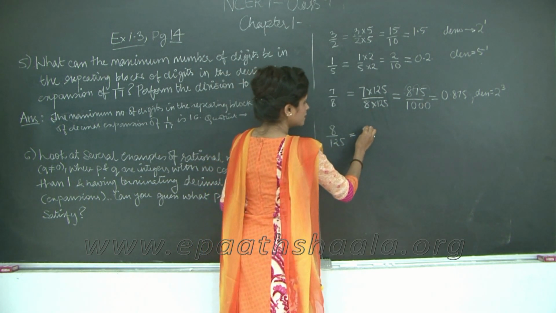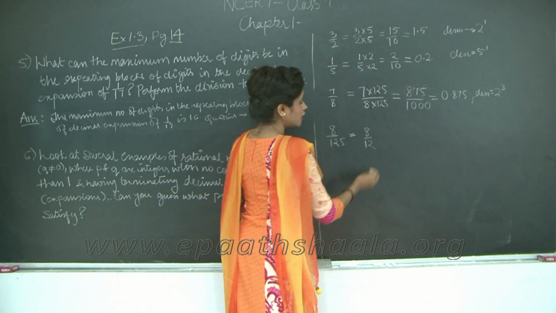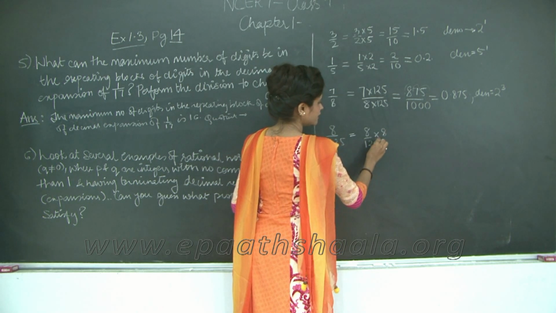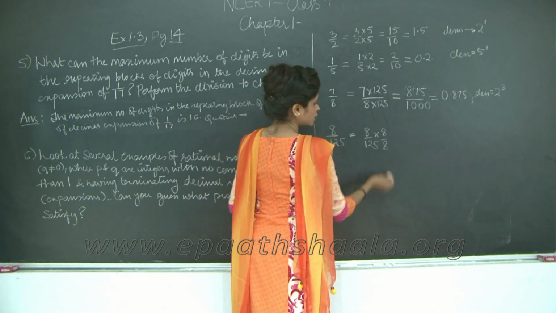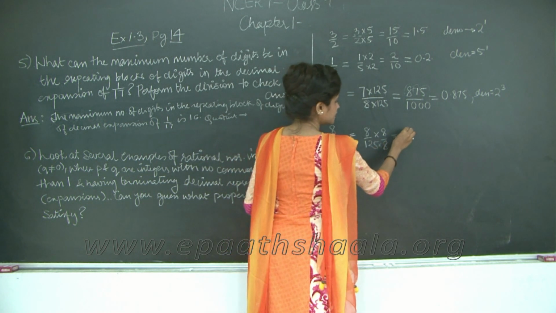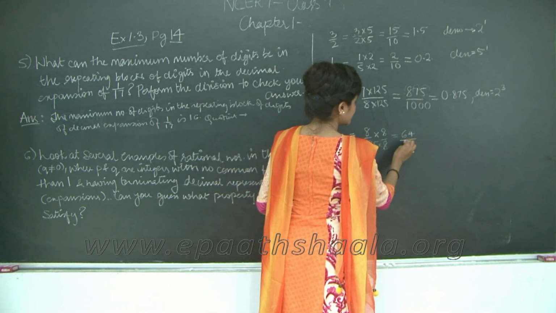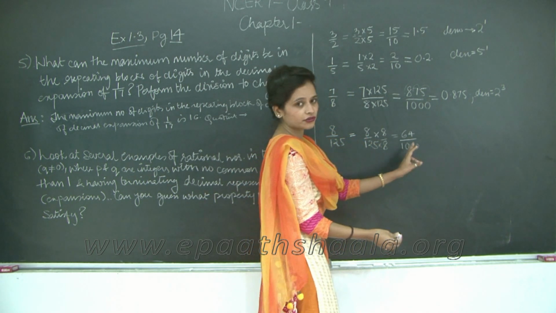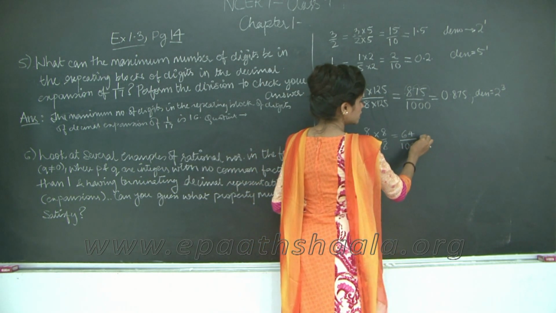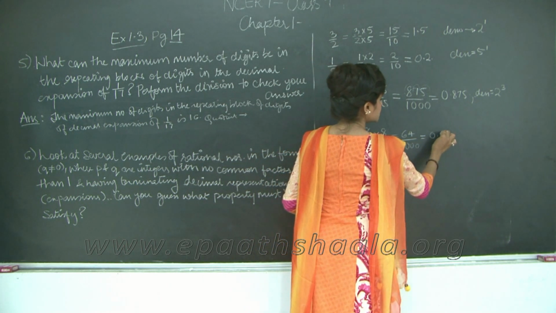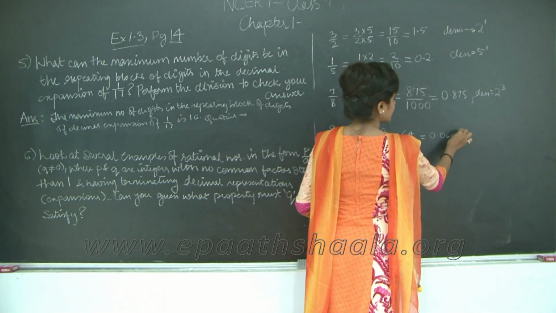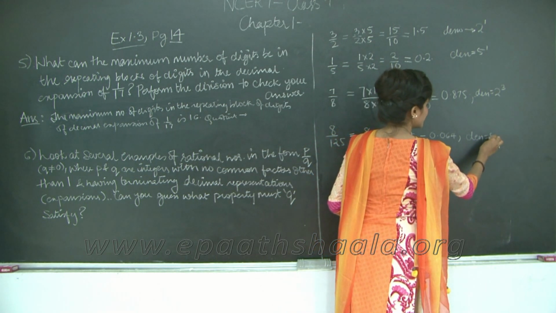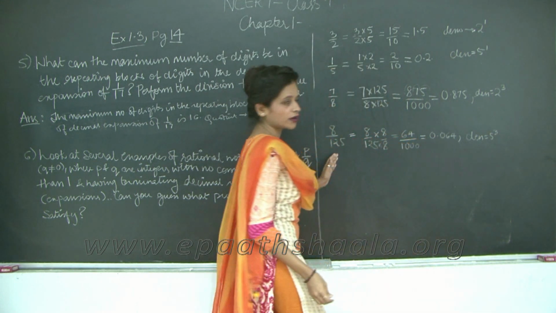So I am going to multiply and divide this fraction by 8. 8 into 8 and 125 into 8. So 8 8s are 64 and I get 1000. So 3 zeros, therefore 3 decimals backwards. So I get 0.064, right? This is again a terminating decimal where my denominator is equal to 5 cube. We know that 5 cube is 125.